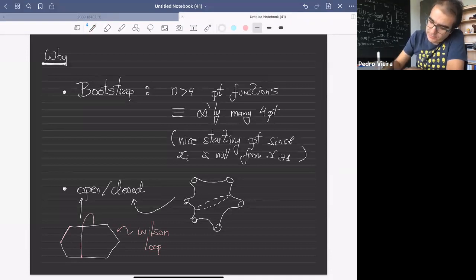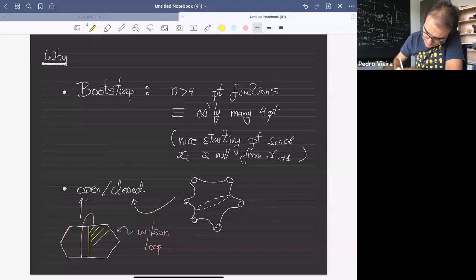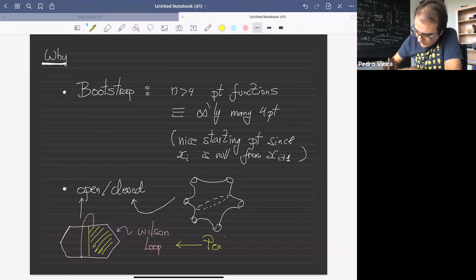And in integrability in N equals 4, we know how to describe these Wilson loops in terms of pentagons. So here is a pentagon and the other pentagon. So this business is described in integrability, at least in some kinematics, by pentagons. Correlation functions, in particular 3 points, 4 points, higher points, are described by this formalism of hexagons.